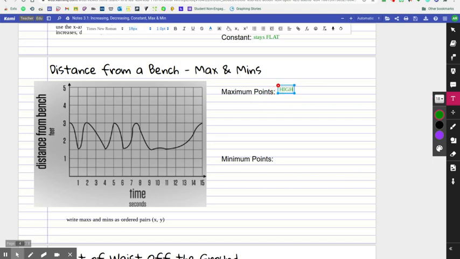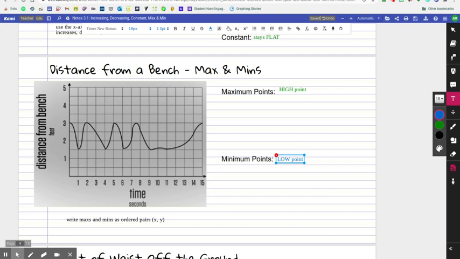Yep, it's a high point. And I'm sorry I just kind of yelled in your ears. It's a high point. So what would we describe a minimum point then? A low point, right? Low point.